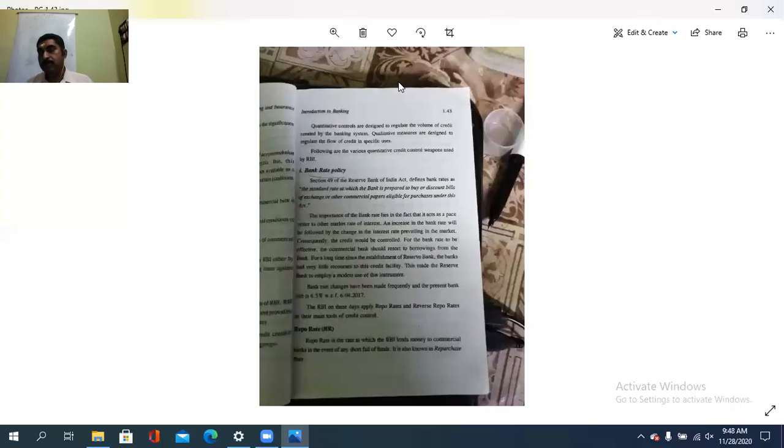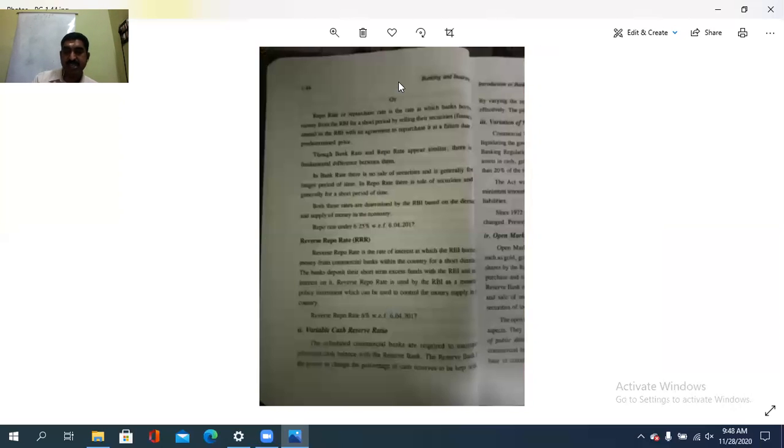That is the bank rate policy. Under that, the repo rate and reverse repo rate are there. Repurchase rate and again the reverse repo. So 6.5 is the current repo rate, and the reverse repo rate is 6%.